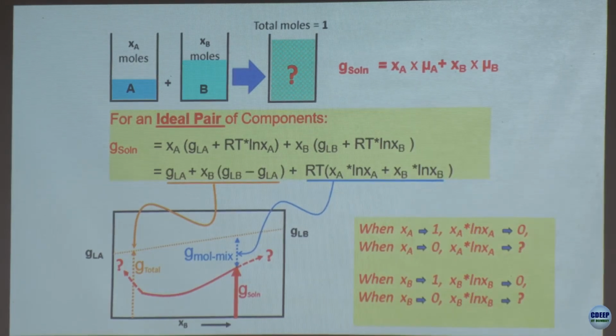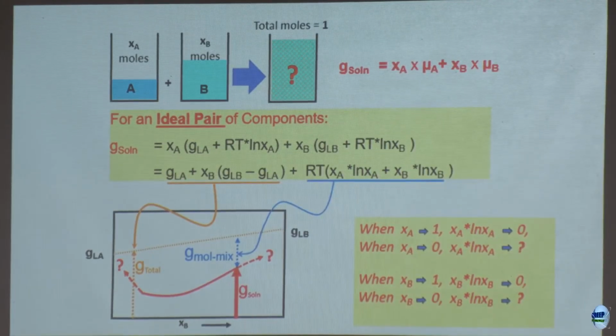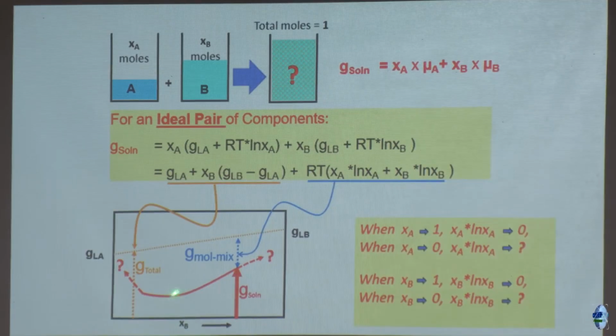Quickly calculate. Don't calculate RT, just the expression in the bracket. And it has a negative sign. So at 0.5, this point is fixed, multiplied by RT.